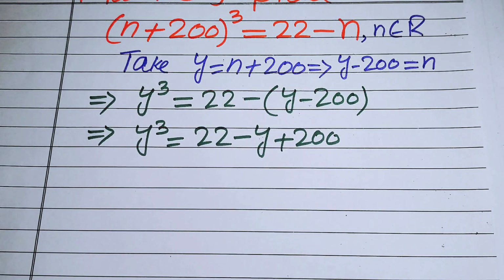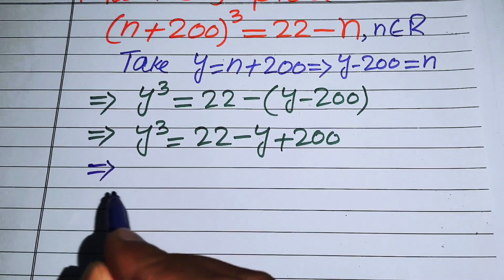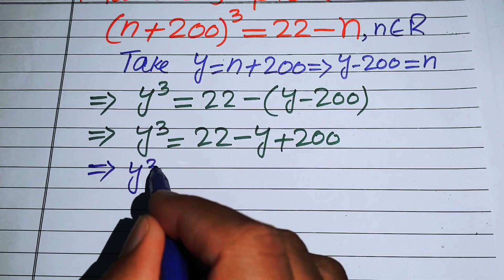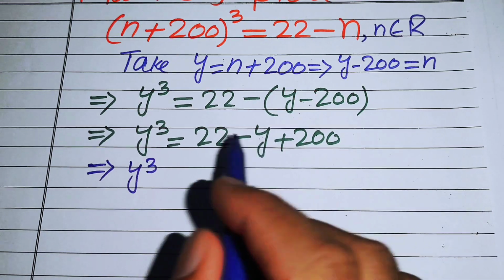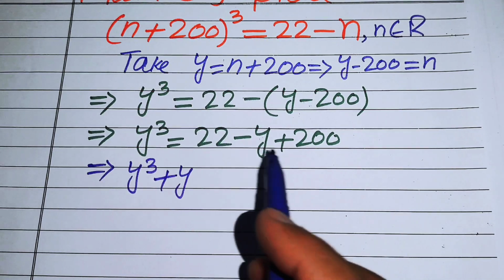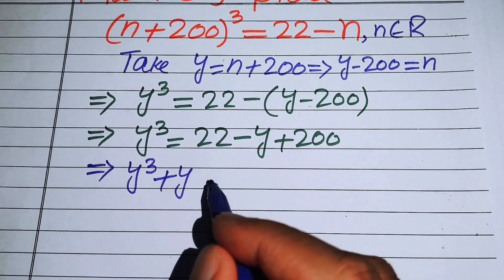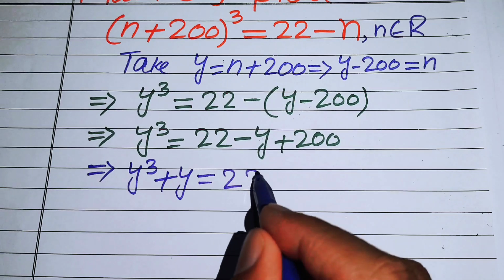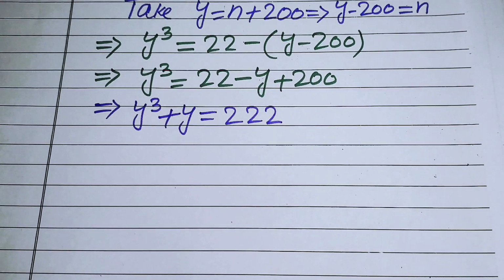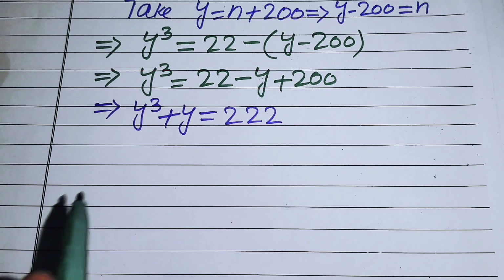And in the next step we will move all the terms in the right hand side to the left hand side, so that the left hand side will be rewritten as y cubed, and when we move this minus y to the left hand side, then you get plus y, and here you have 22 plus 200, and it will be equal to 222.